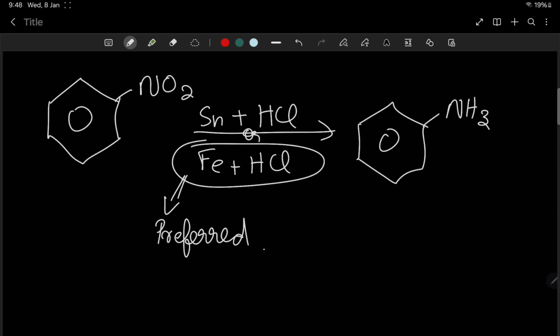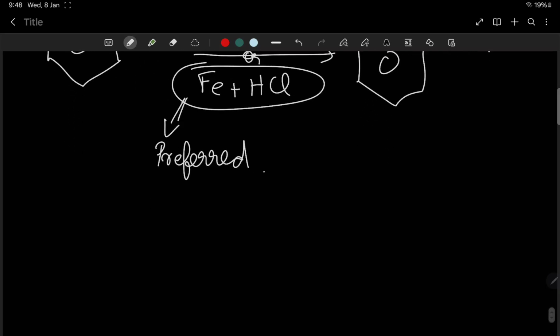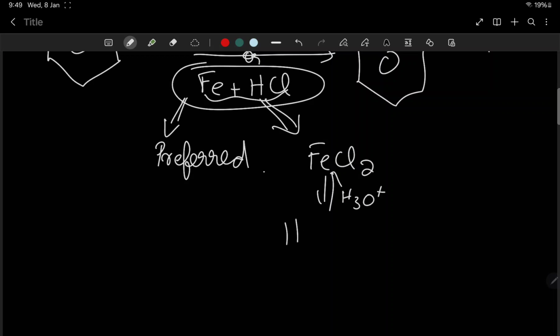Why? You know that when Fe plus HCl is used, the Fe and HCl will form a compound, that is FeCl2. This compound hydrolyzes, and we get HCl.